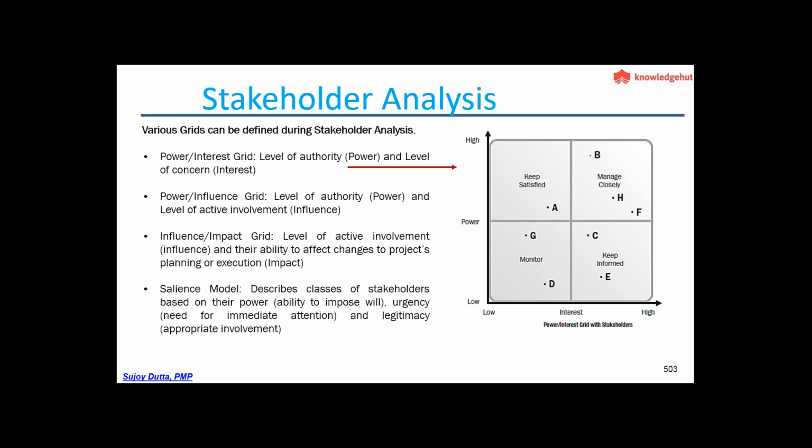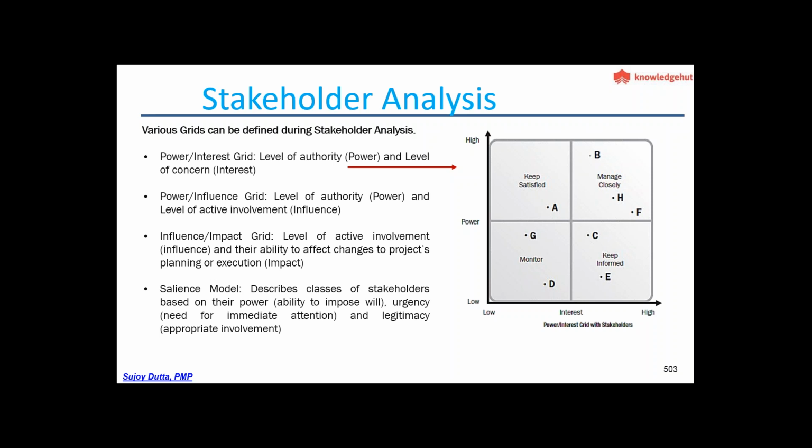So it looks like this. It is the power and interest grid, and then there are three more kinds of grids: the power influence grid, the influence and impact grid, and the salience model.